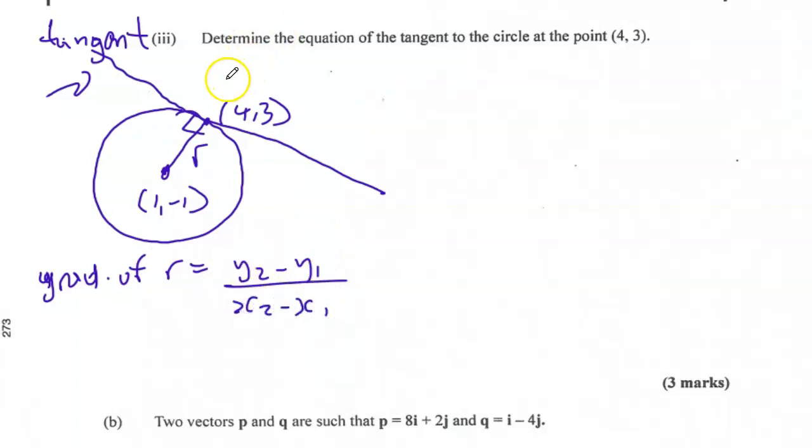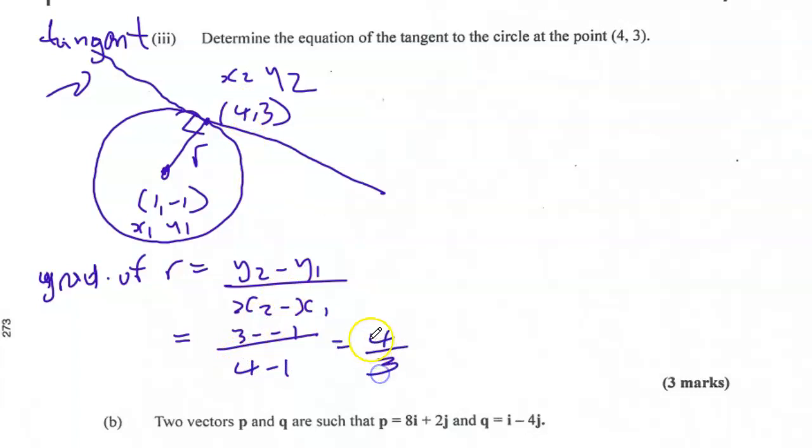So again, we can call this x2, y2, and we can call this x1, y1. So it would be 3 minus 1 over 4 minus 1. So the gradient of the radius will be 4/3.